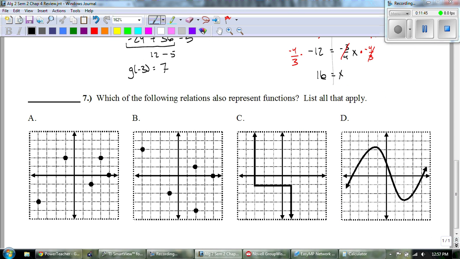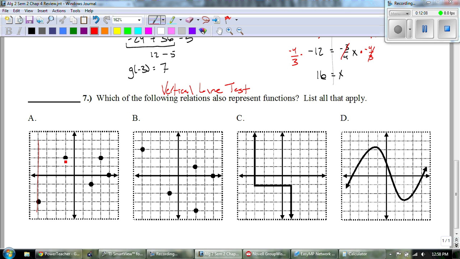All right. 7, which of the following relationships also represents functions? List all that apply. So if I want to know if something is a function, I'm going to do the vertical line test, which means if there are 2 points on top of each other, it's not a function, okay?